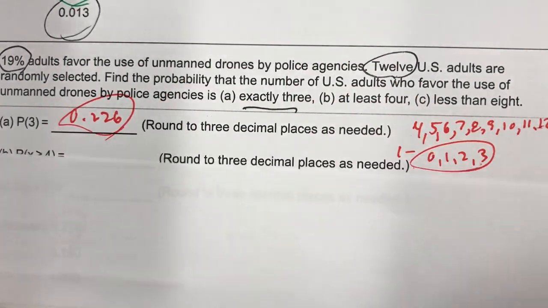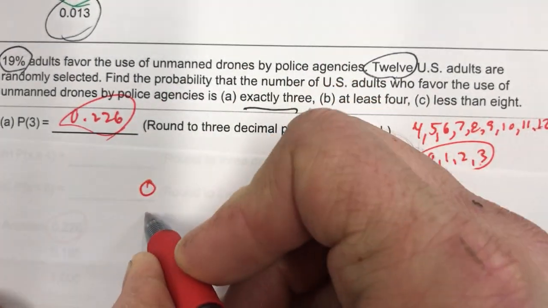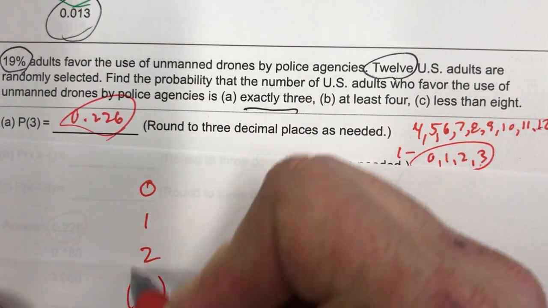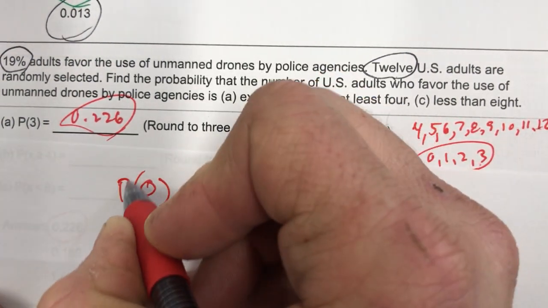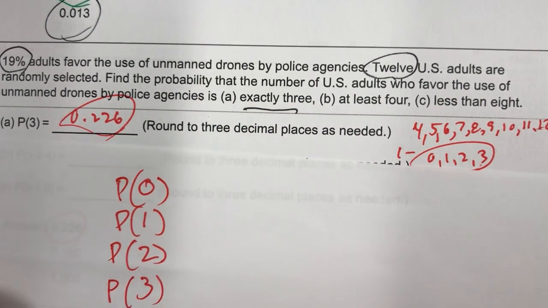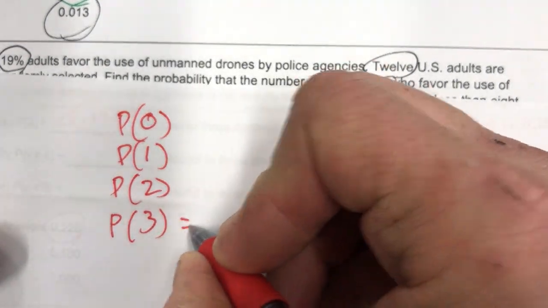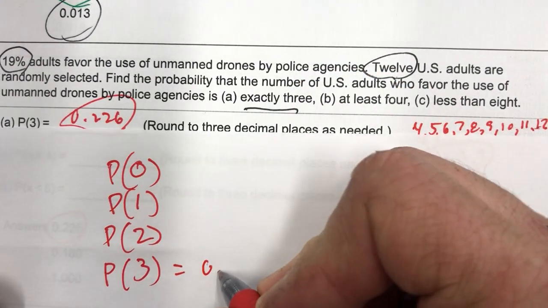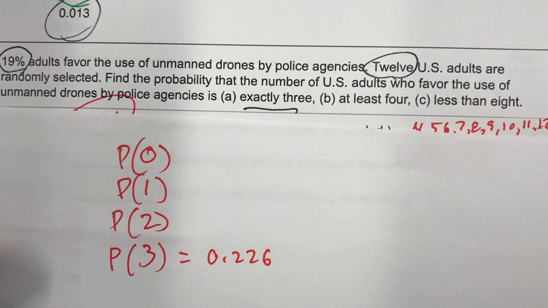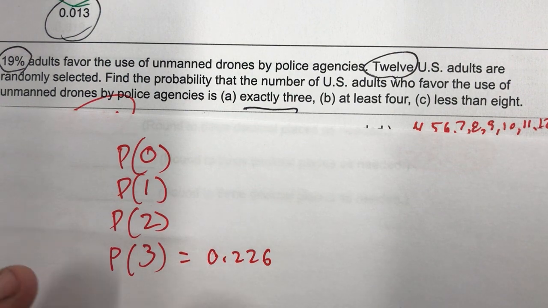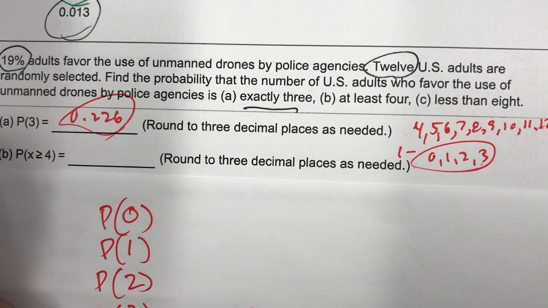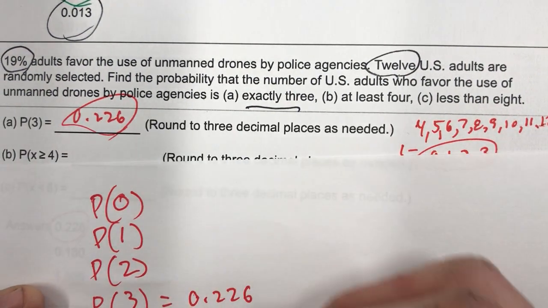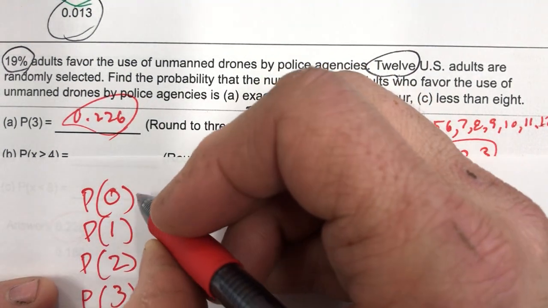All right, so I've already done 3, so 0, 1, 2, and 3. I'm going to do the probability of each of these. I don't think I necessarily wrote all this out a while ago. We've already done this one. That was 0.226. Well, we'll go ahead and write these other ones out.